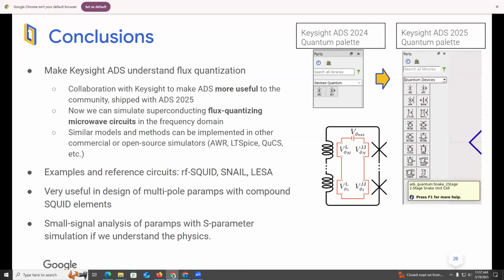In time domain simulation, any simulator given ideal zero loss inductors, if you start the simulation from an initial condition that is consistent with flux quantization, the simulation as a whole will be consistent with flux quantization. So you can do a time domain simulation in ADS without all this fancy stuff, just a plain circuit simulator.